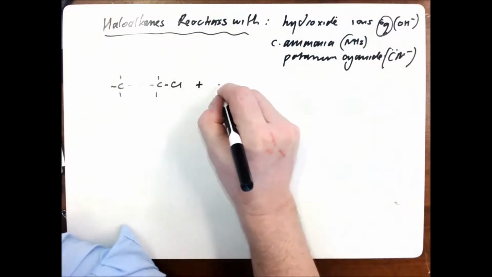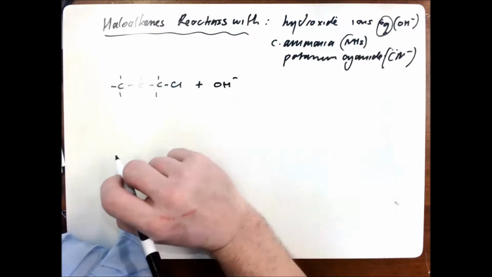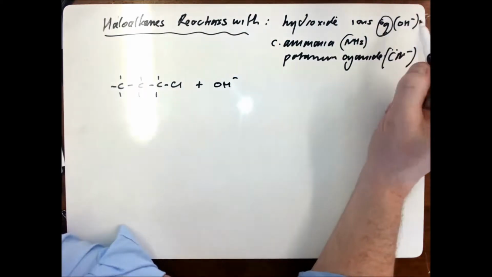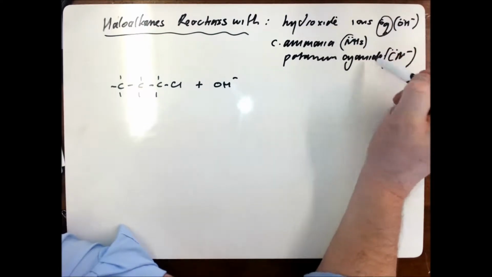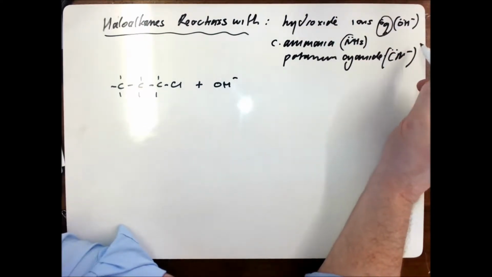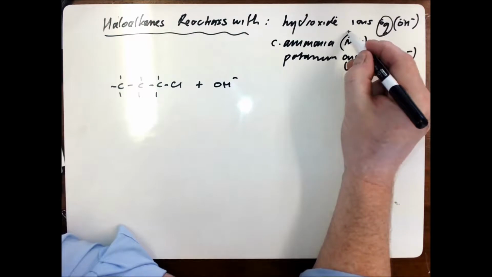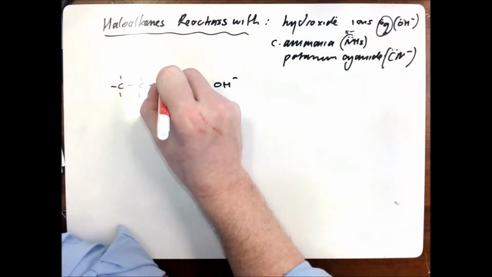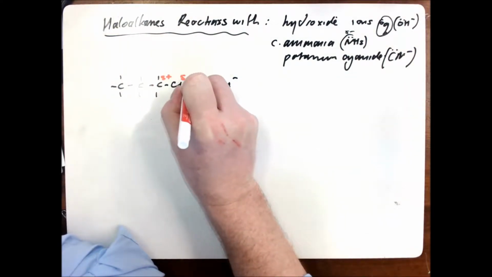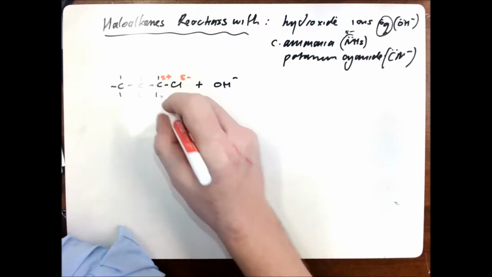So if I have hydroxide ions, what you'll notice about all three of these, actually I should have said, is that all of them have got lone pairs on them, and all of them are negative, or in the case of the nitrogen here, delta negative, and that allows them to react with haloalkanes because haloalkanes have a delta positive carbon here, and that is where the interaction takes place.